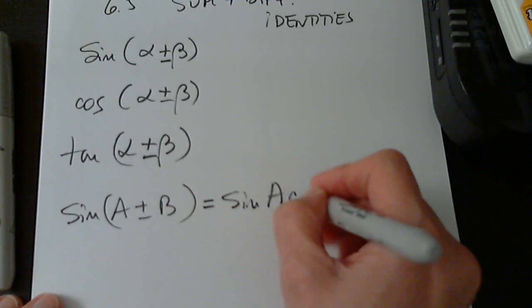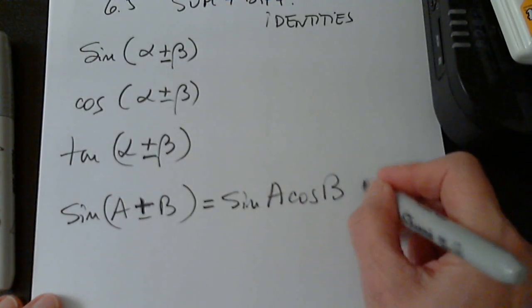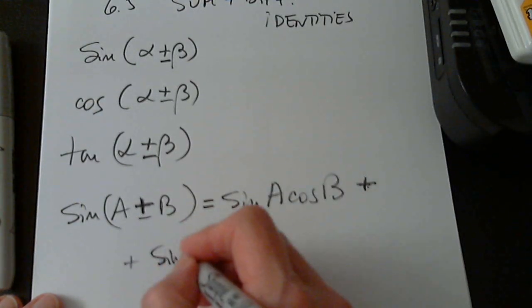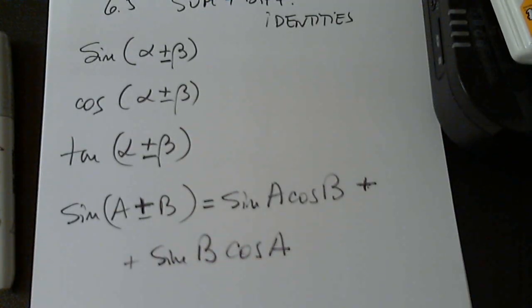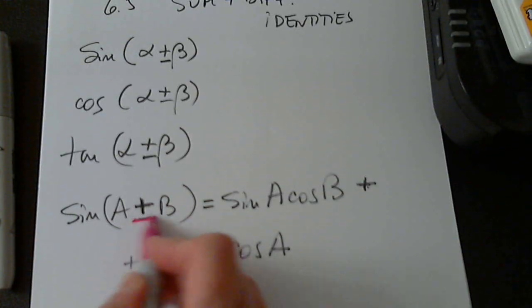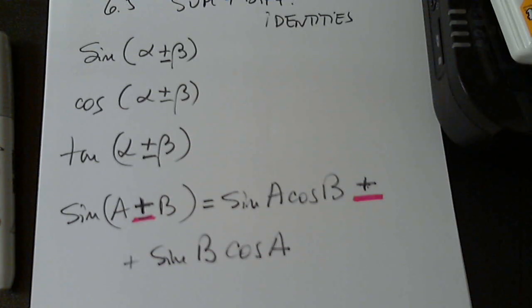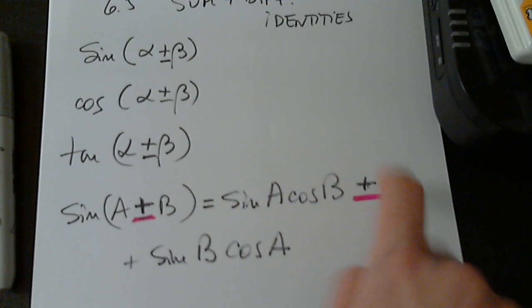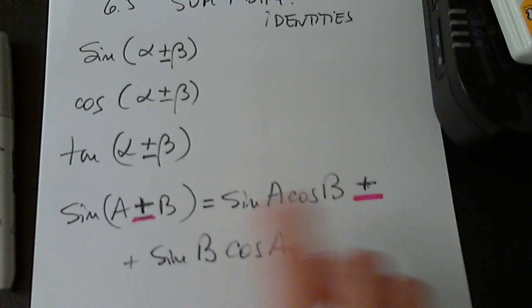Sine A cosine B plus the reverse, sine B times cosine A. If it's minus, of course there is minus here. So this is how you should remember them. Sine A cosine B plus sine B cosine A, if it's positive. If it's a difference, sine A cosine B minus sine B cosine A.